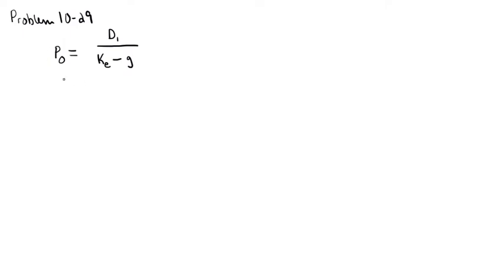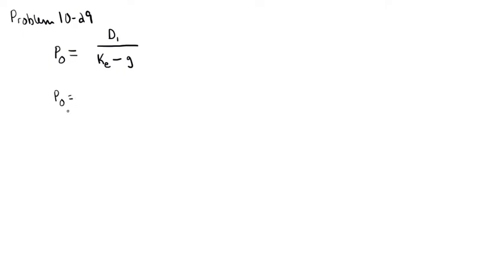So as long as we have that formula, we should be able to calculate virtually any one of these examples. So let's go ahead and compute the current price of the stock today under the first scenario, P sub 0.